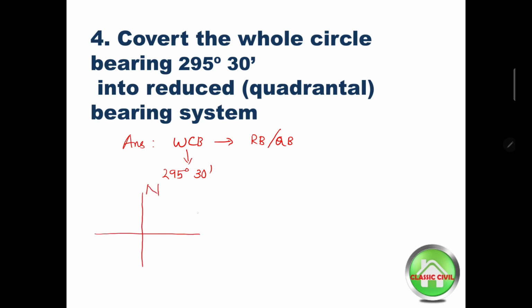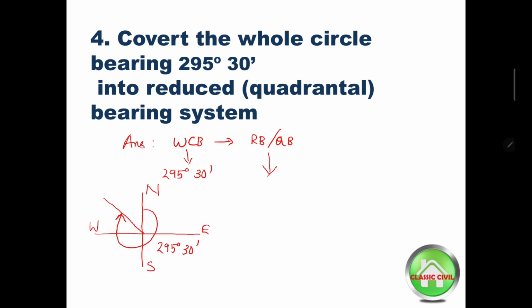Here is north, east, south and west. 295 degree 30 minutes represents this much angle. Then we have to find the reduced bearing, RB.